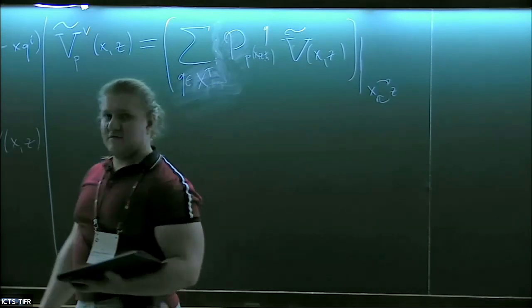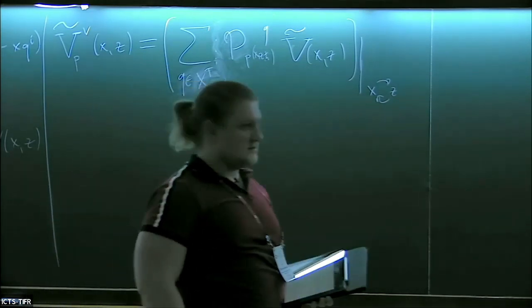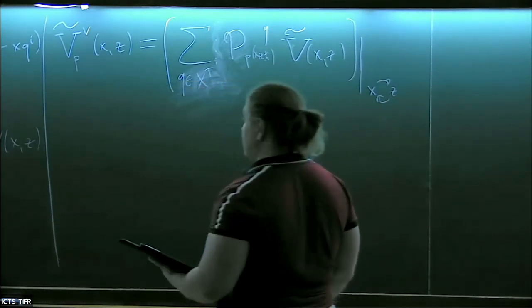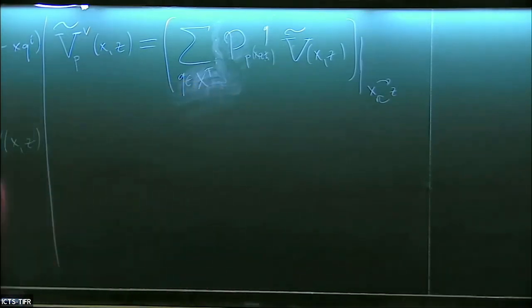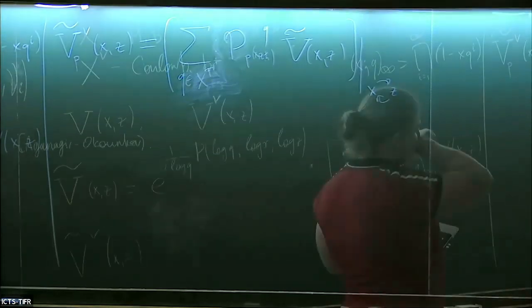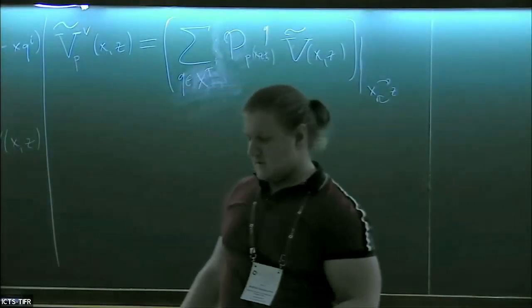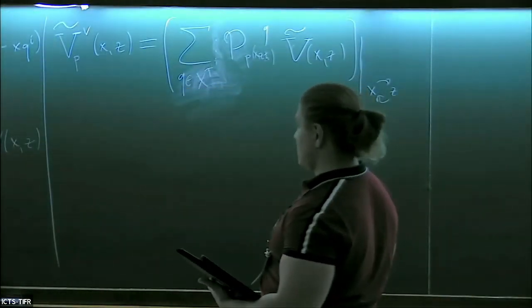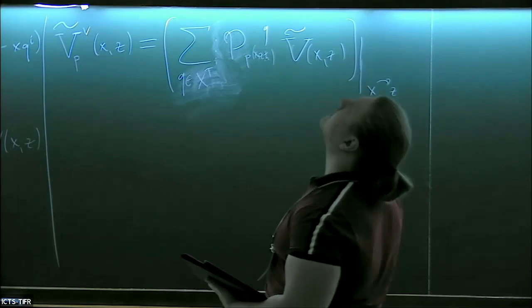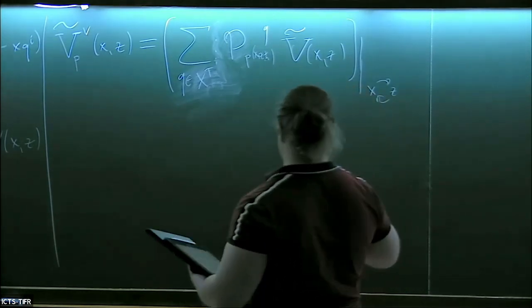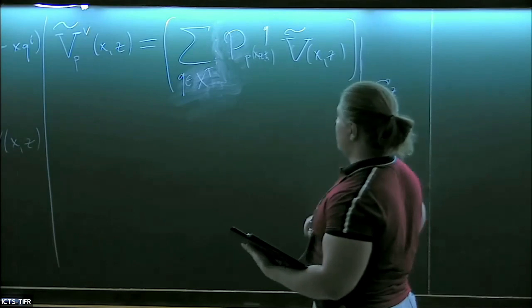Recall X are equivariant parameters, Z are Kähler parameters, and it's a common feature in this kind of... oh, sorry. Yes, it's correct. I have to swap them.